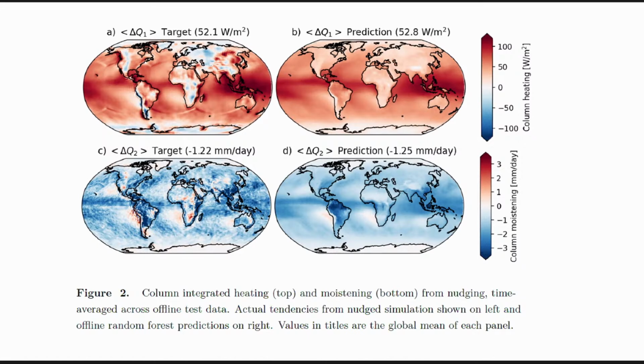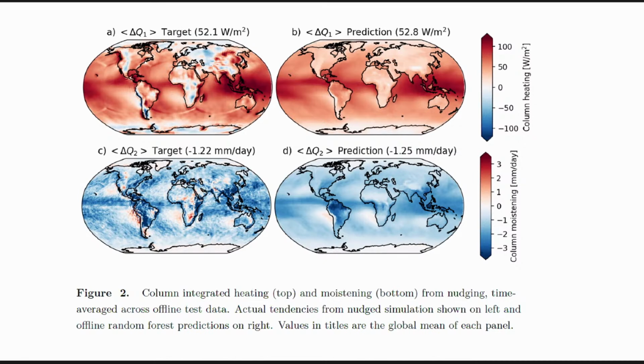And then on the right in B, we can see if we give the random forest as input in every spatial location, in every vertical level, and every time point, the local atmospheric variables, it will calculate an estimated nudging factor, which is supposed to make the model behave as if it were being nudged toward observational analysis.